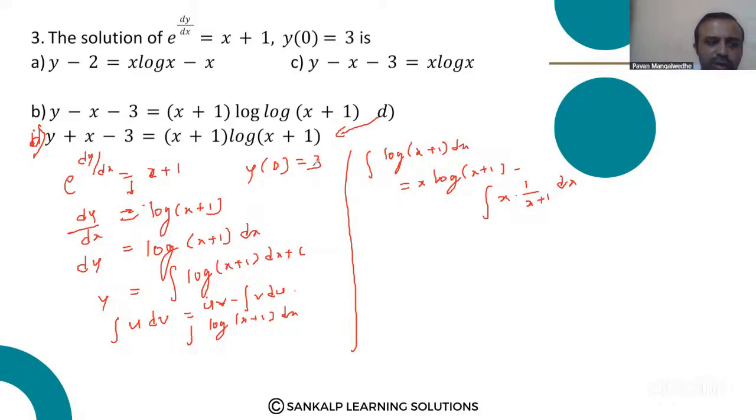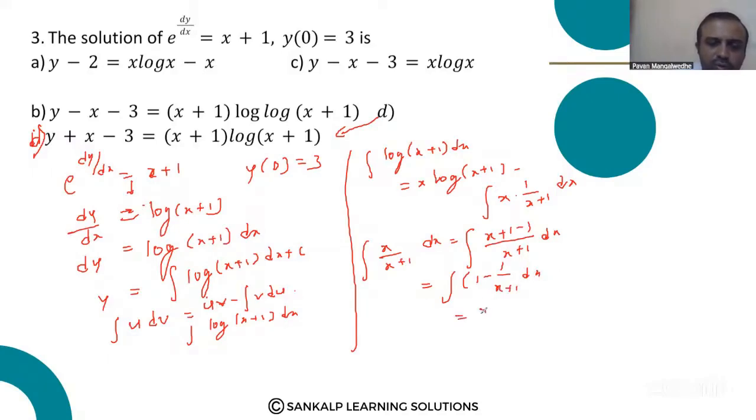The remaining integral, x upon x plus 1 dx, is equal to the integration of x plus 1 minus 1 by x plus 1 dx, which is the integration of 1 minus 1 by x plus 1 dx, which is equal to x minus log of x plus 1.